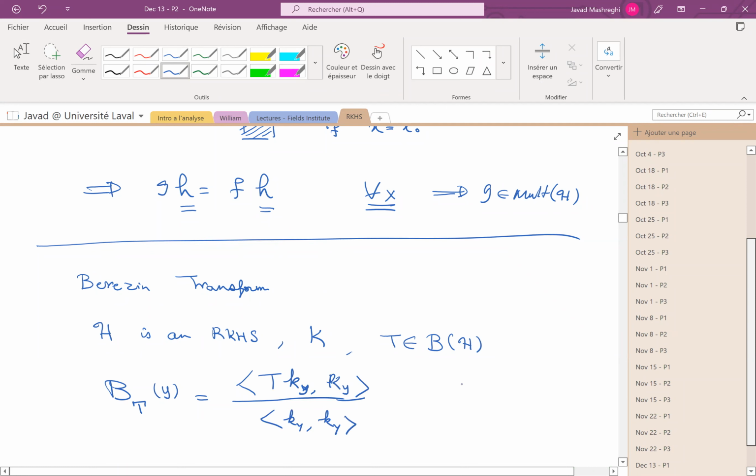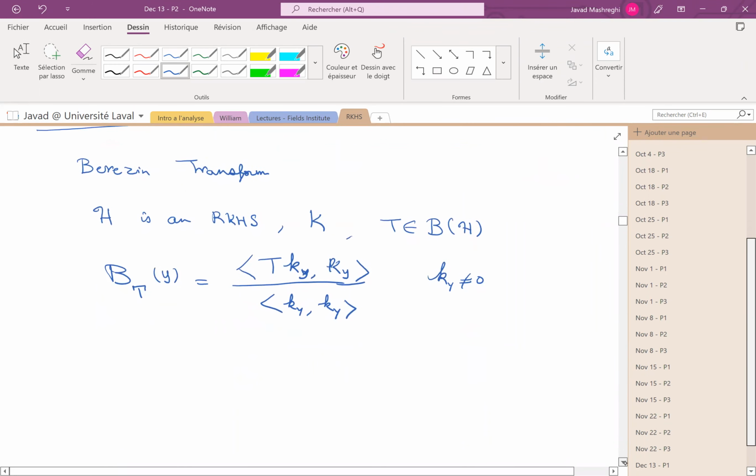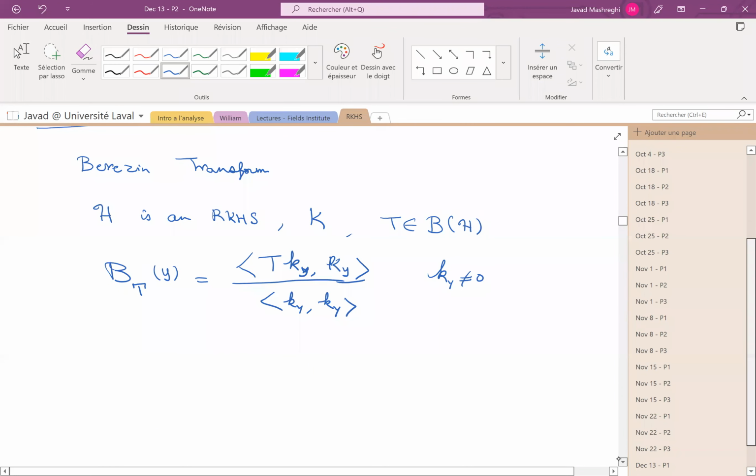And of course, we have the same difficulty as before. We have assumed that K_y is not equal to 0, so it is defined at points where K_y is not 0. And this is called the Berezin transform.